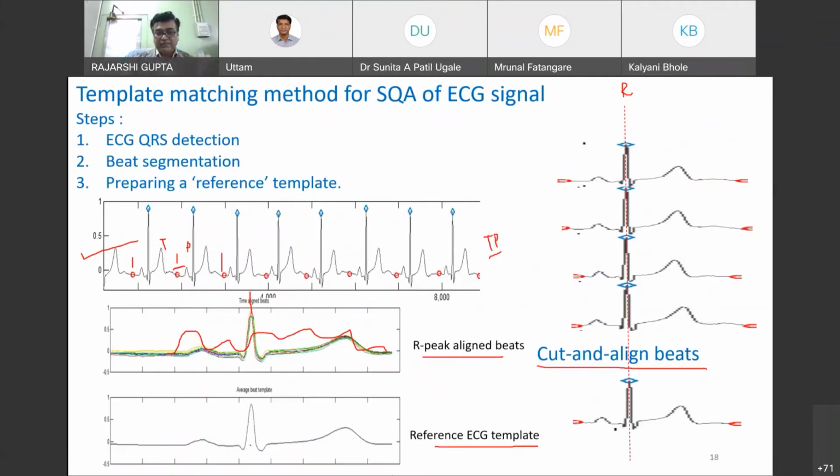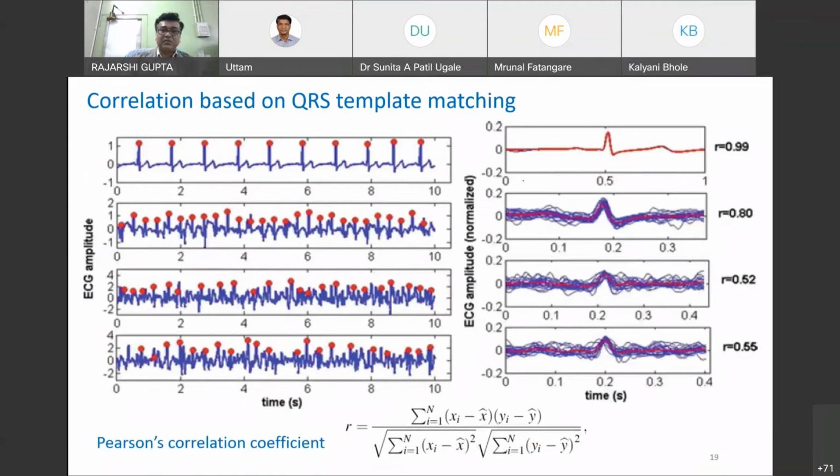If you just calculate the cross correlation between these two arrays, then you can easily determine what the signal quality is. Here I have shown the R peaks detected. This is clean. Then here you can see this is somewhat degraded quality. This is more degraded quality. As we go down, we have further degraded qualities.